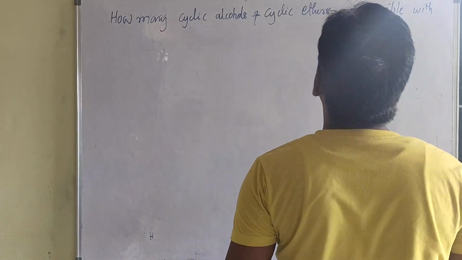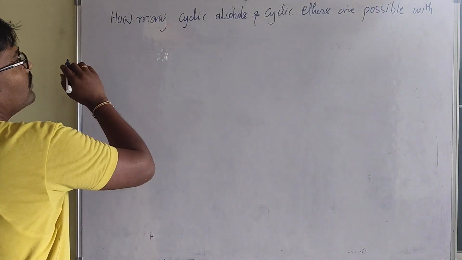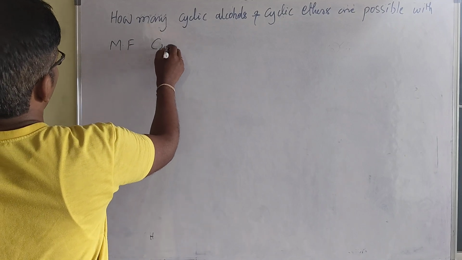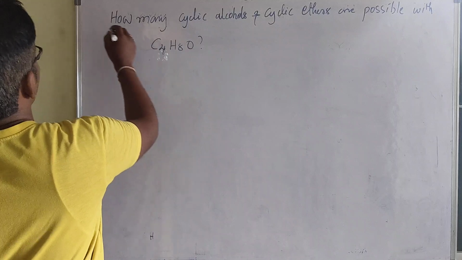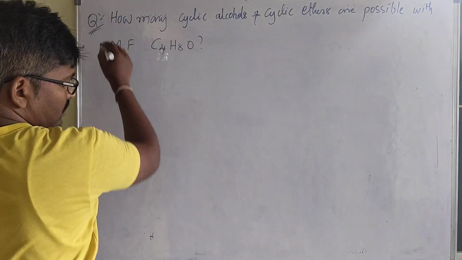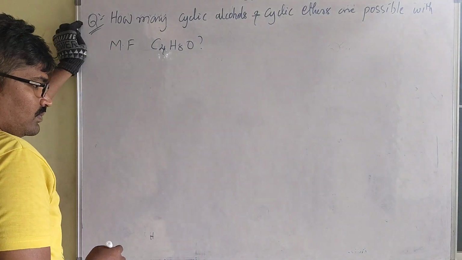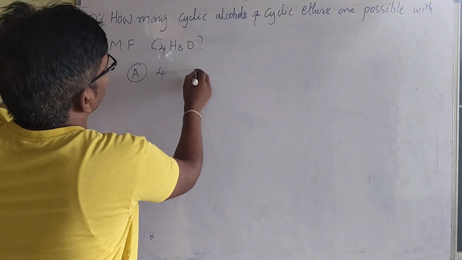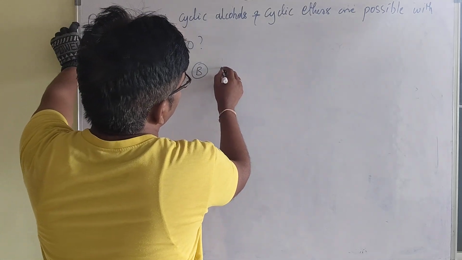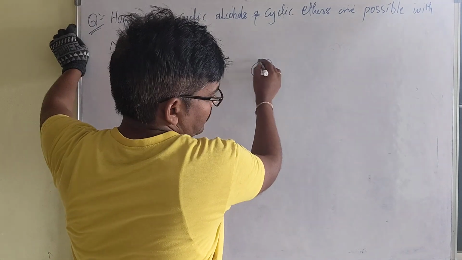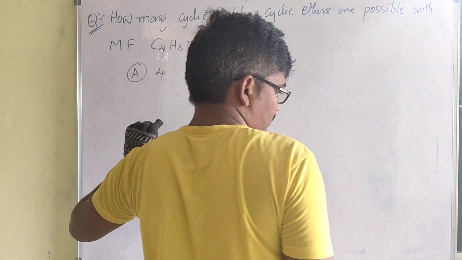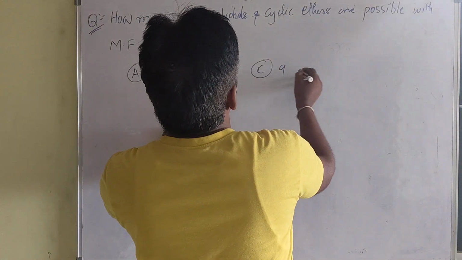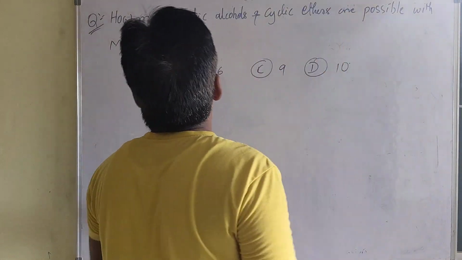Only cyclic, with the molecular formula C4H8O. This is the question. Sir, options are there. Option A 4, option B 6, option C 9, option D 10, like this will be there.